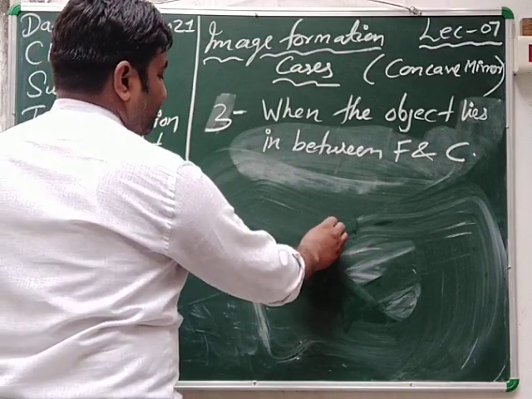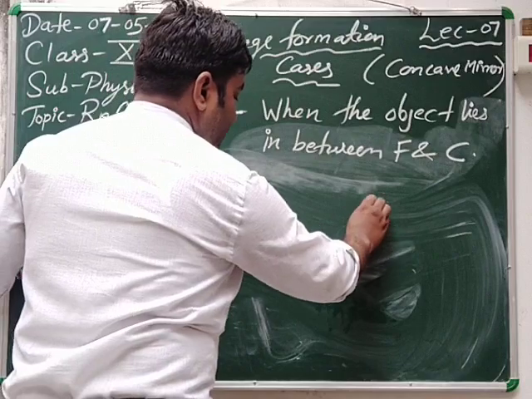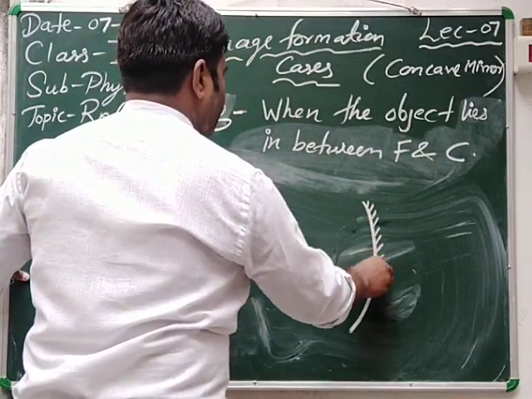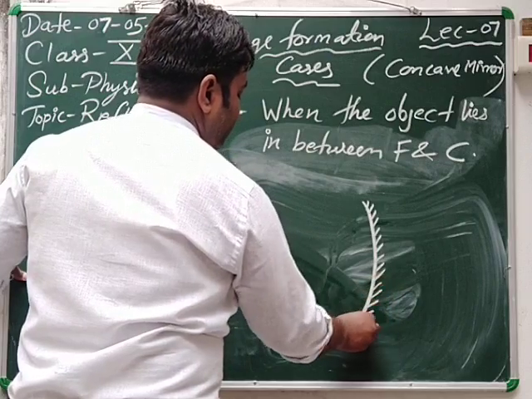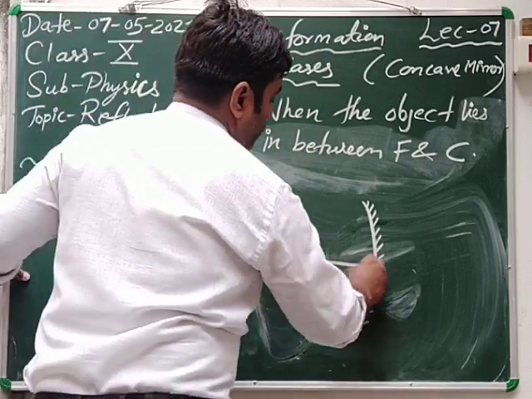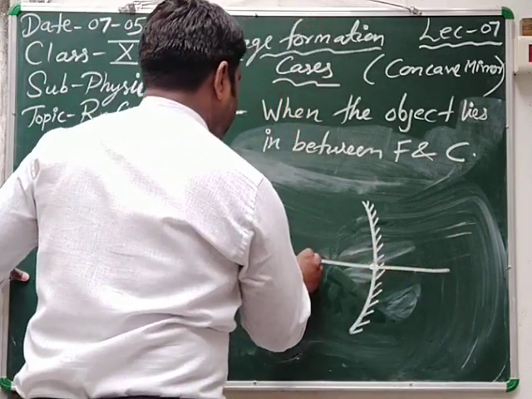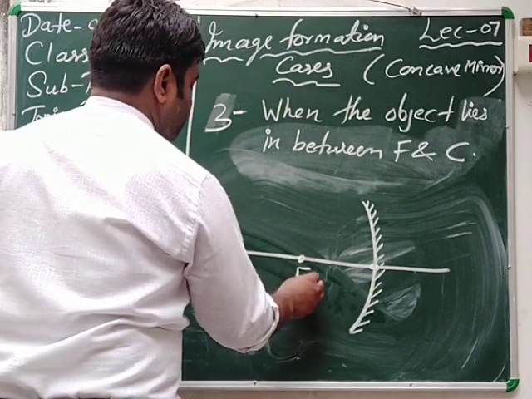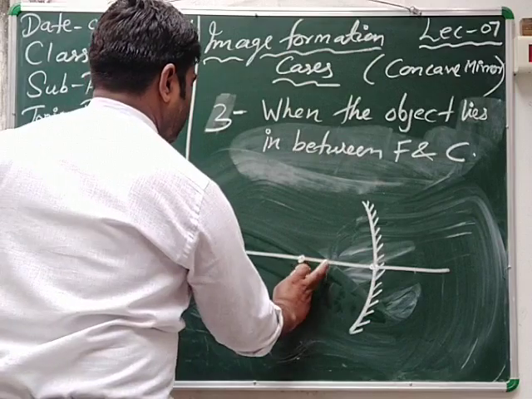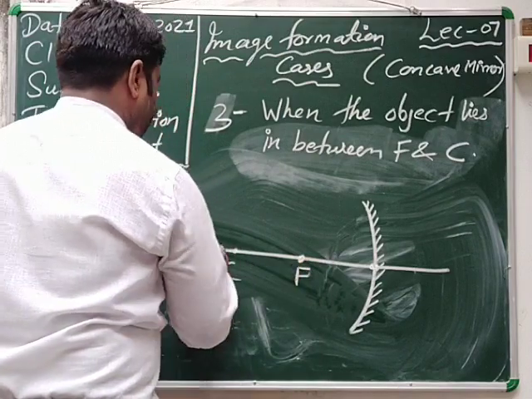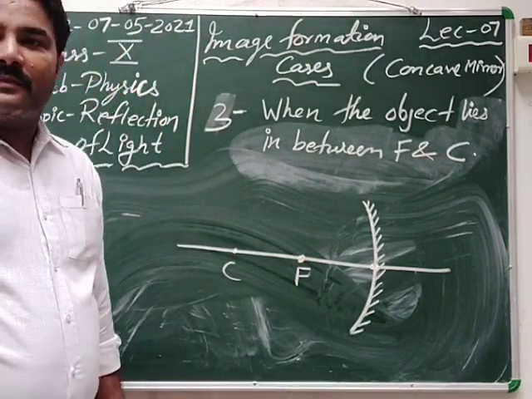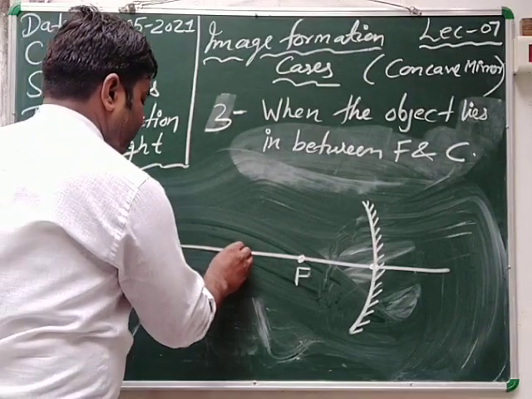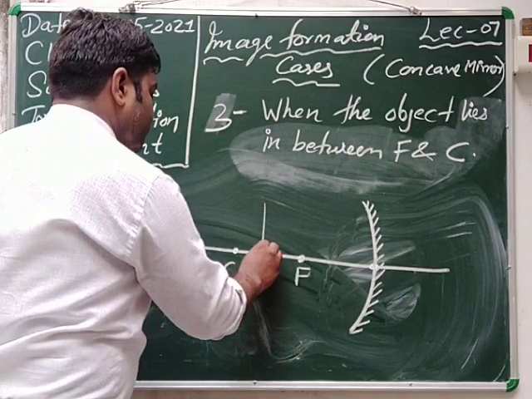So the concept of this one: mirror, and here this is the principal axis, and this one F, and this one C. Object lies where? In between F and C.